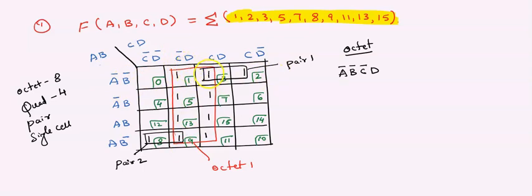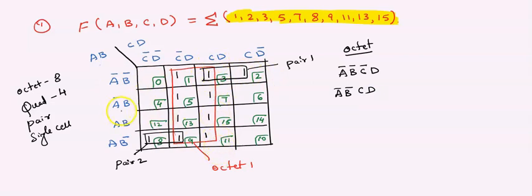Come back to the next element 1. This one again belongs to A complement, B complement, C D, that is the first row, third column.